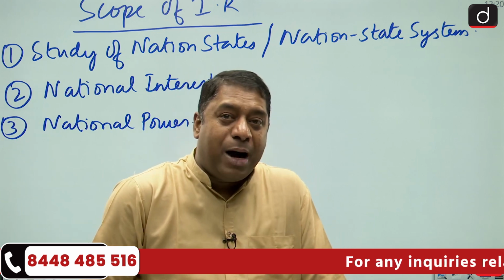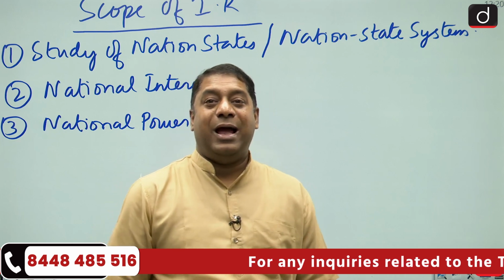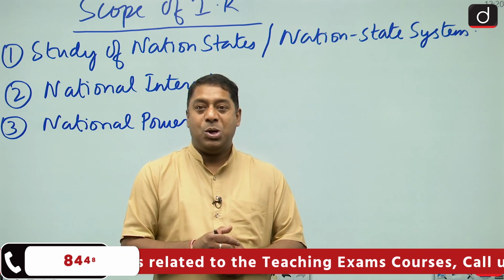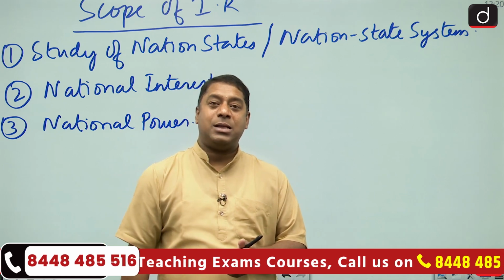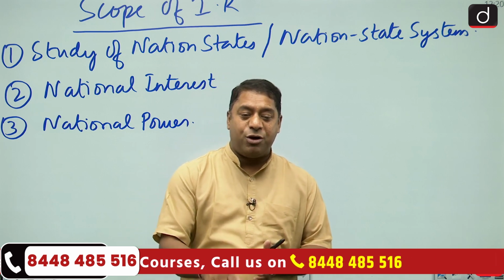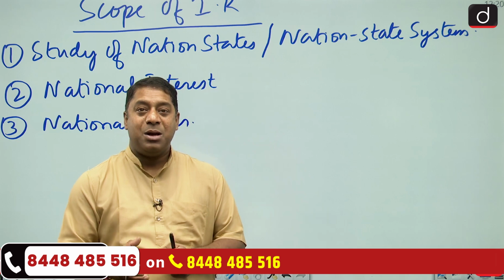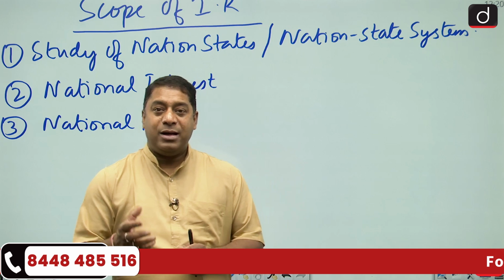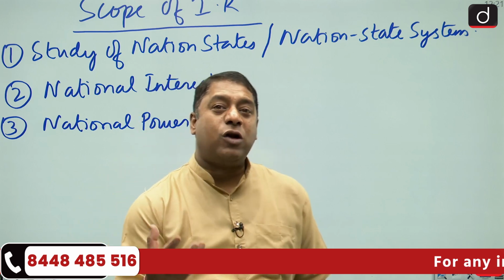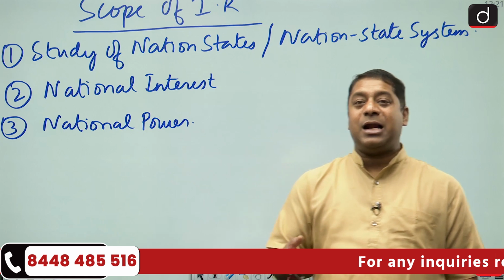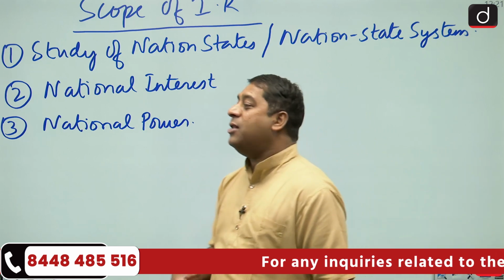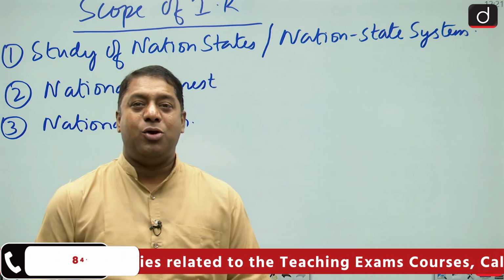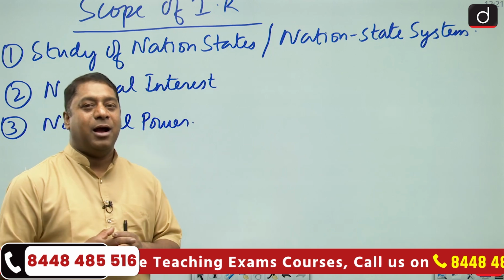Because they have to secure their national interest. So the core concept with regard to international relations is national power. Because if there is no national power, the objective will not be achieved, and if the objective is not achieved, the nation state will not come either.